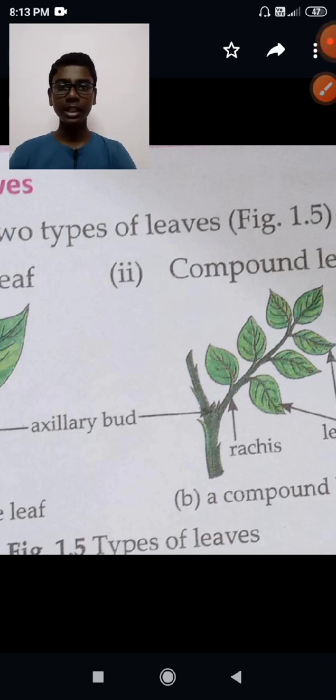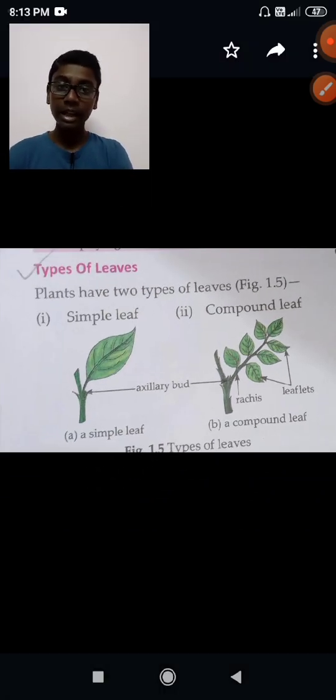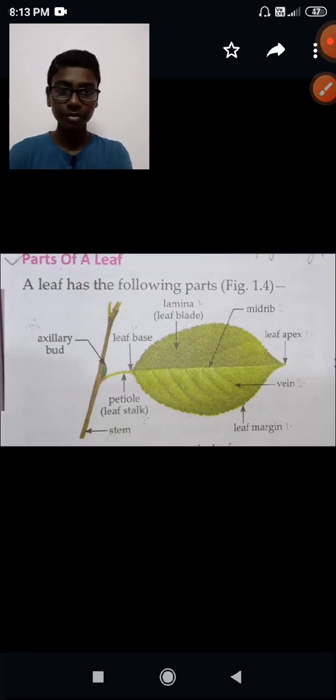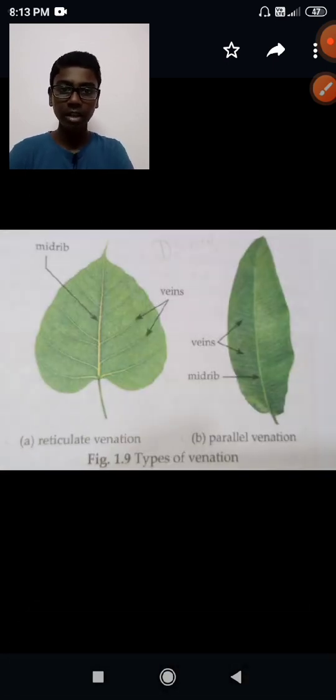Now we have completed types of leaf, and we will know about the last thing, that is the venation in leaf. We have already completed types of leaf and parts of leaf.